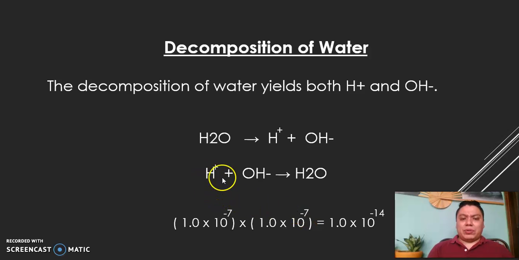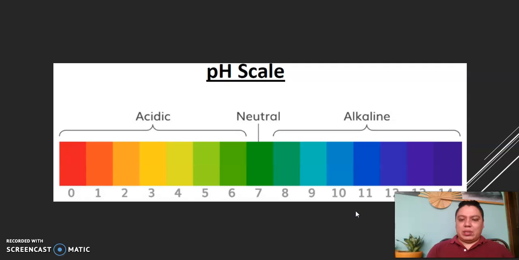And the same goes for the hydrogen ions. Hydrogen ions are produced in 1 times 10 to the negative 7. Well, negative 7 plus negative 7 equals negative 14. And this is how we derived these values over here, which go from 0 to 14.